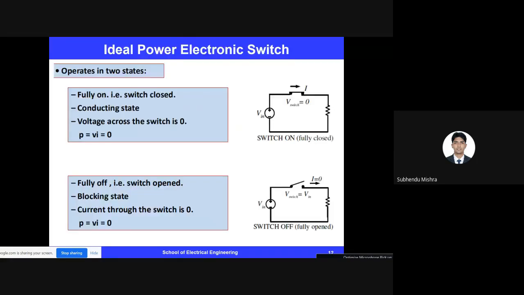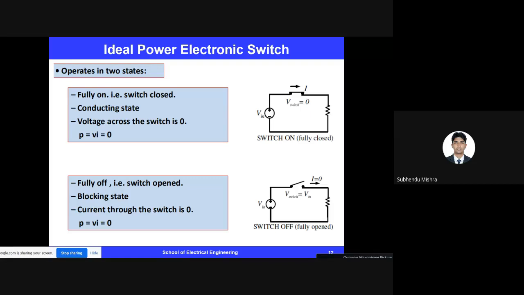So when we talk about an ideal power electronic switch, ideally the switch should be in 2 states, off or on. And when the switch is fully on, the power consumed by the ideal switch should be 0. So ideally the switch should have 3 characteristics.